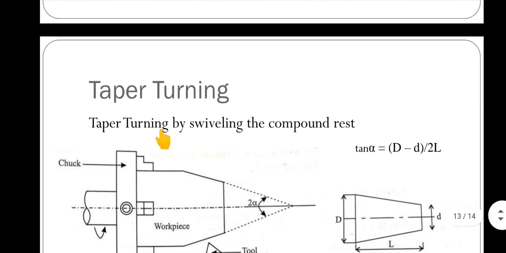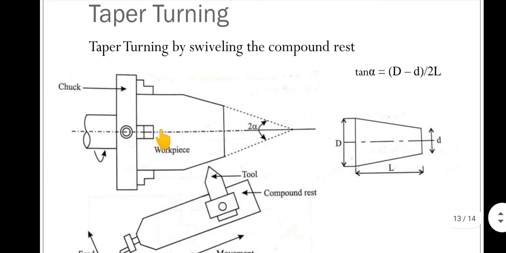Next, let us see taper turning. So what is taper? First of all, it is an operation to produce a conical surface. Conical means one end of the diameter is larger and the other end is smaller. So this we call a taper surface. To obtain the conical surface on the workpiece, this operation can be performed. There are many ways or methods to obtain the taper turning.